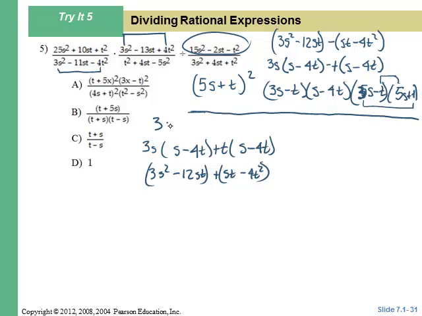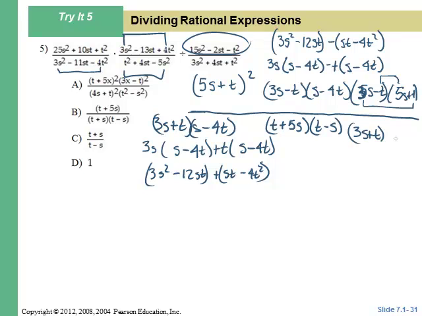So our factored form is 3s plus t times s minus 4t. Next one, this factors into t plus 5s, t minus s. And the last one factors into 3s plus t, s plus t.